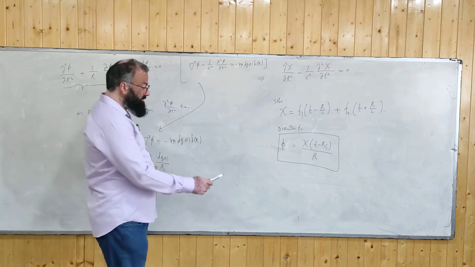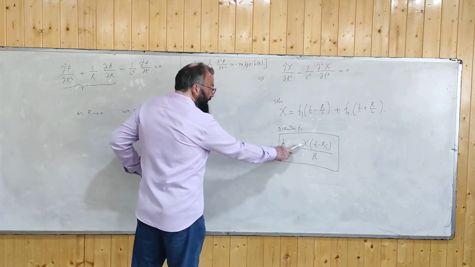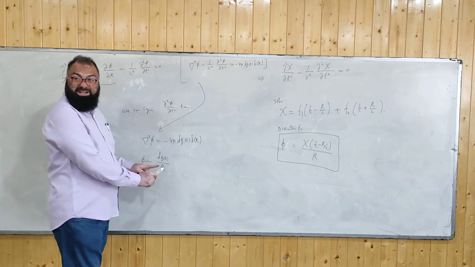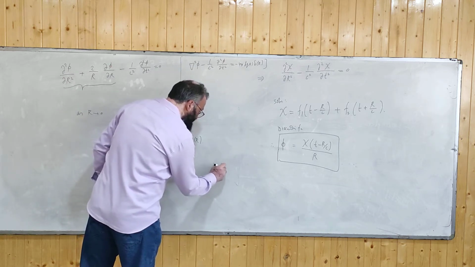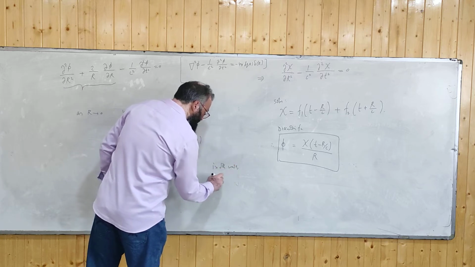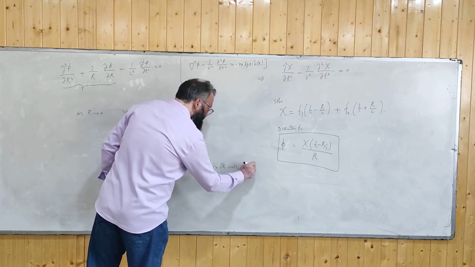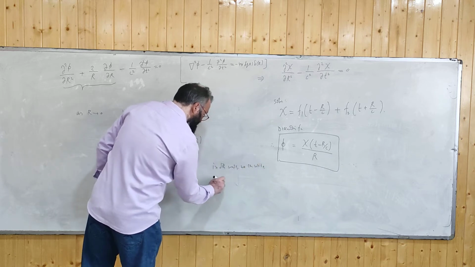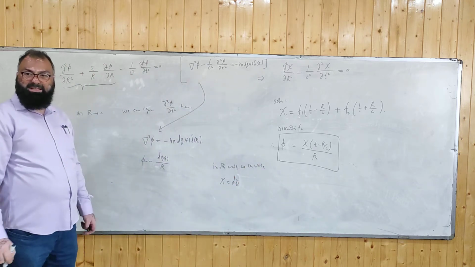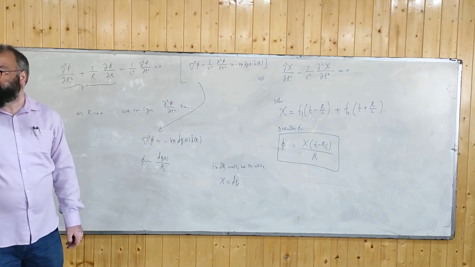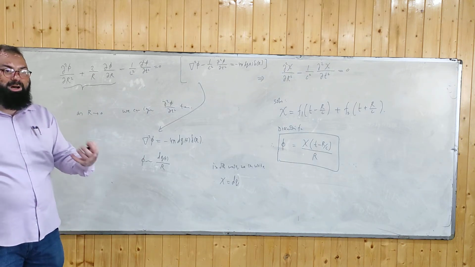That means when r tends to 0, this chi must go as what? dq t. In other words, we can write this chi simply is dq. So chi is simply our what? This small charge.